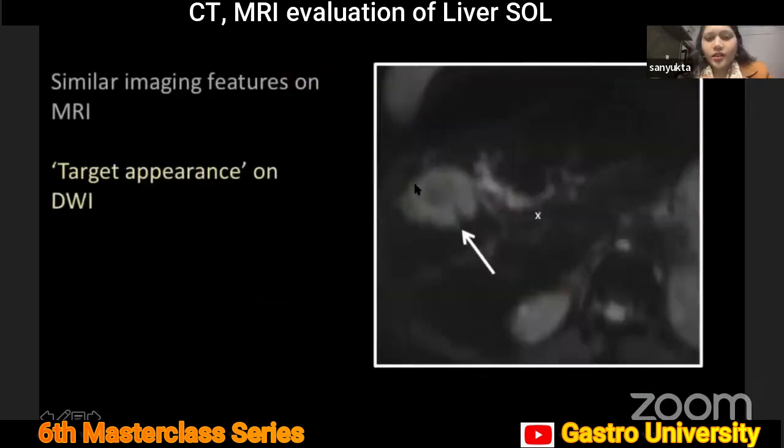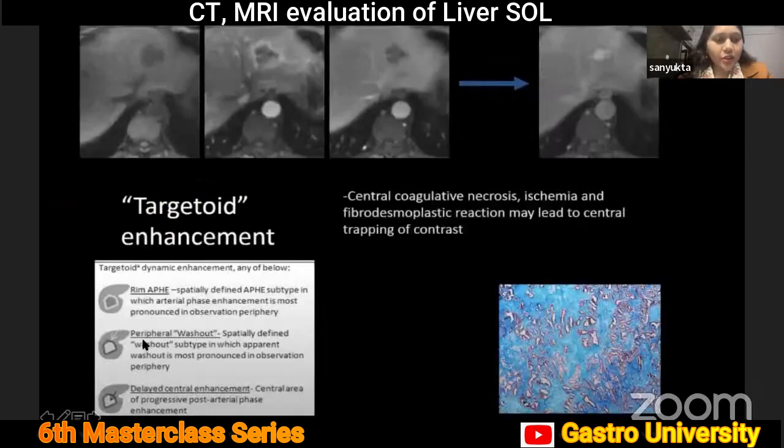This also has a characteristic feature on diffusion, showing a targetoid appearance. This is again the viable tumor showing diffusion. So this was a targetoid enhancement with rim arterial phase hyper-enhancement, but on the much delayed phases, it has a delayed central enhancement.